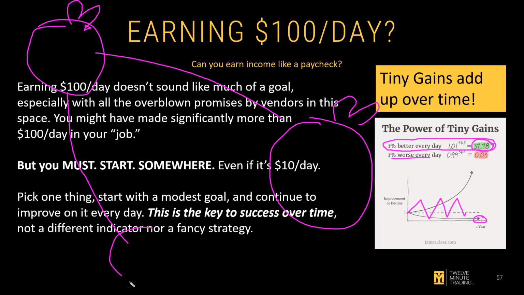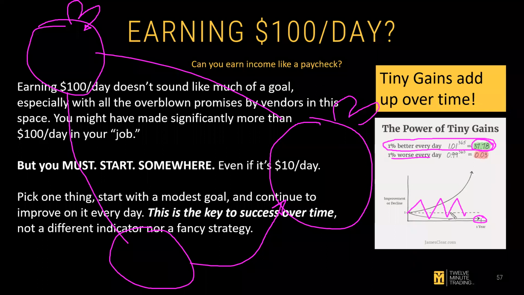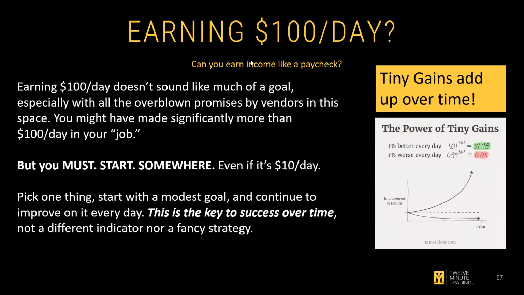And then we run over here and try this strategy. And then maybe we'll go back to our original one. We just kind of run into this thing. And instead of getting 10 years of experience, we get 1 year of experience 10 times. So pick your one thing, dedicate yourself to it, and go for that improvement. Compounding is where it's at.